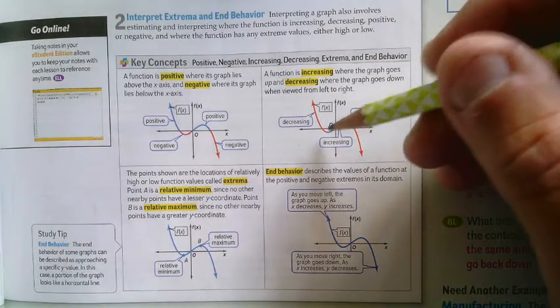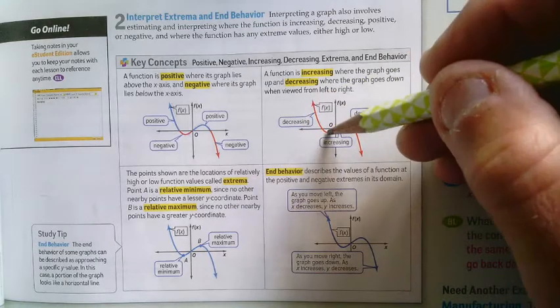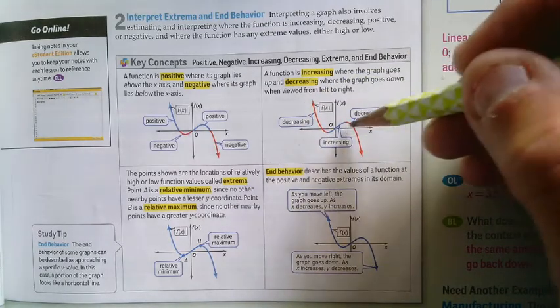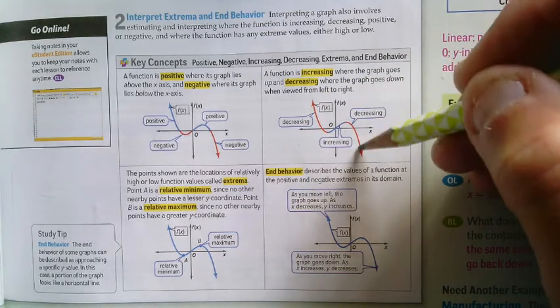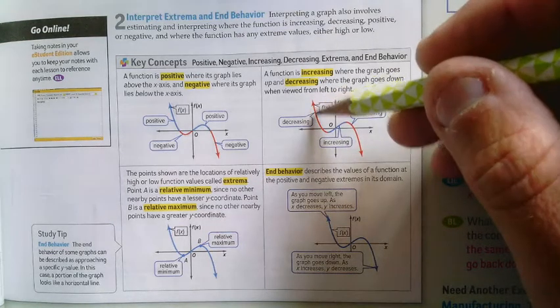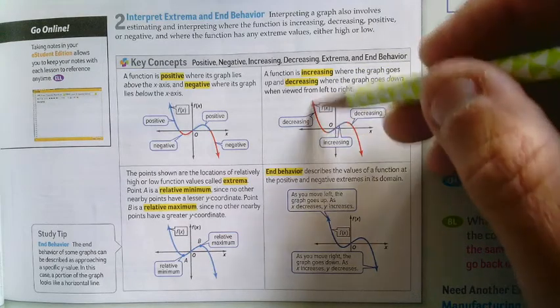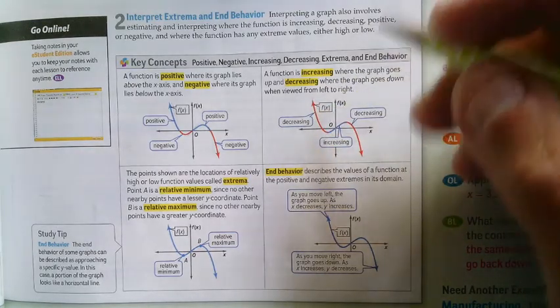I think increasing and decreasing might be the easiest. I'm going up at this point right here, so it's increasing. I'm going down right here, so I'm, hold on, decreasing. Oh, because I'm coming from left to right. Okay, sorry. I was actually going the wrong direction here. Disregard what I just said.